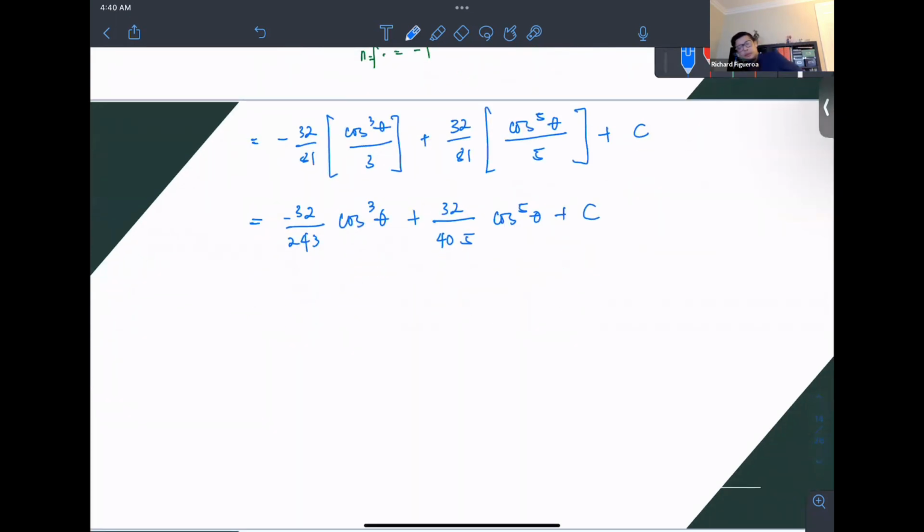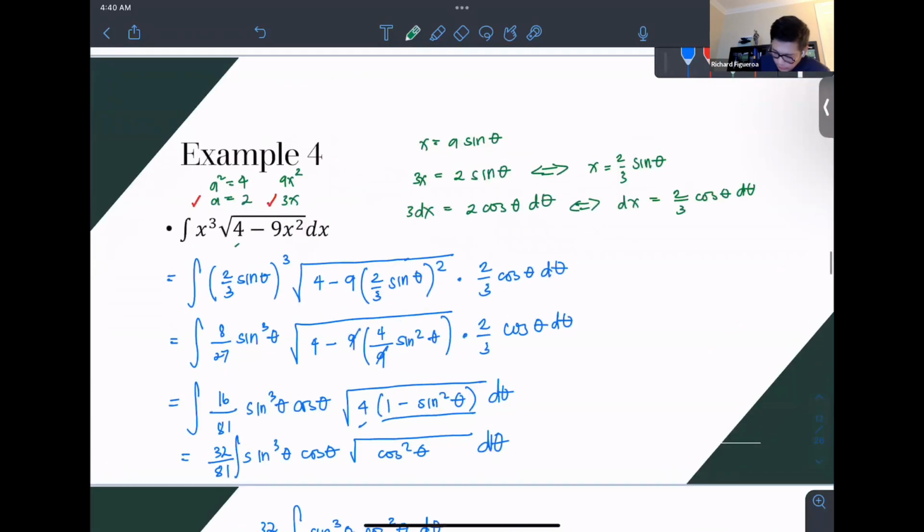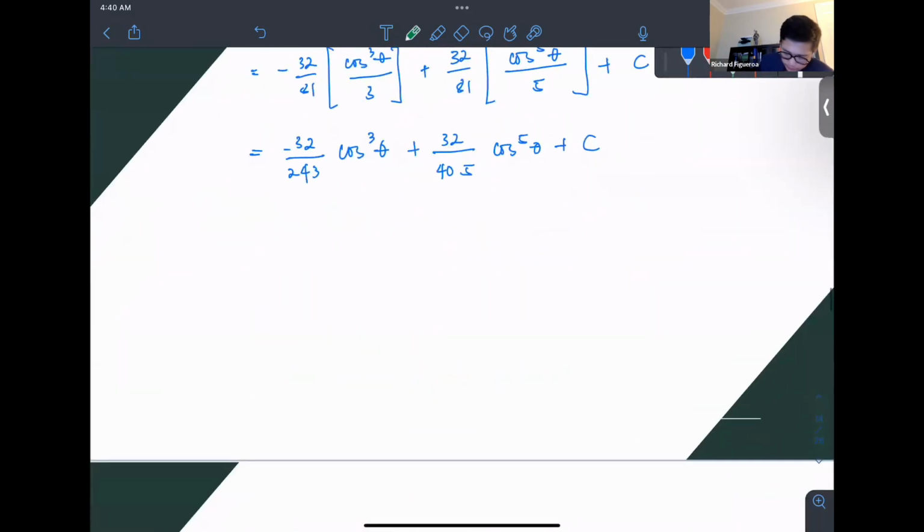So we just need to transform it back. When we transform it, we go back to our original: 3x is equal to 2 sine theta. So divide both sides by 2. It would appear that sine theta, which is opposite over hypotenuse, is the same as 3x all over 2.